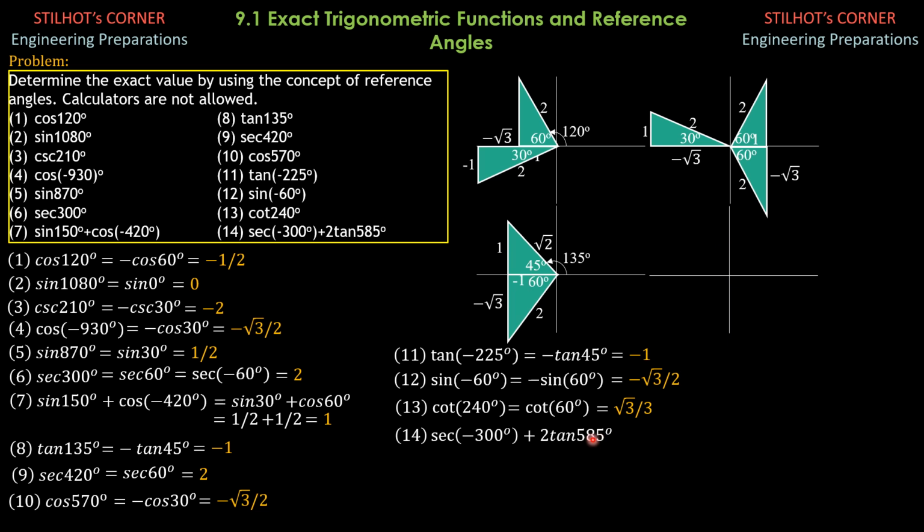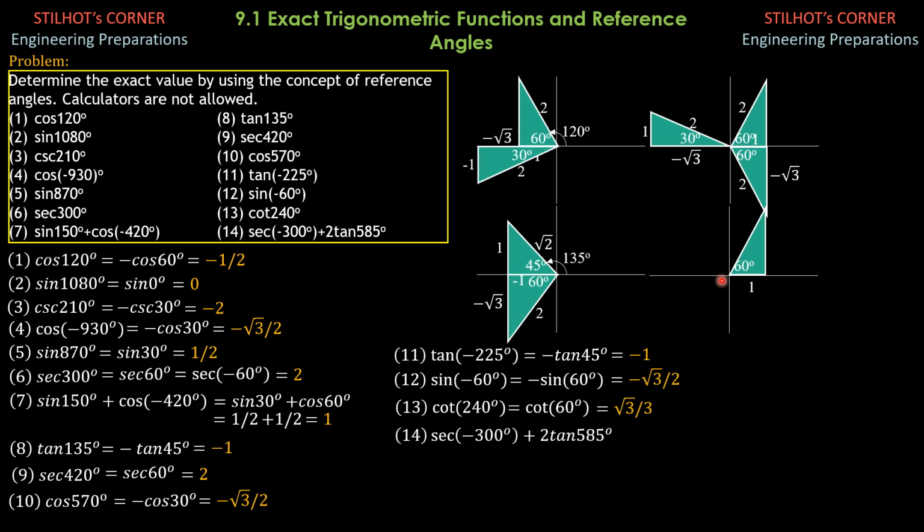Then for 585 degrees, this is 360, 450 plus 90, 540, then another 45 degrees. So we have a triangle here with reference angle 45 degrees in the third quadrant. Parts of the 45 degree right triangle would be opposite 1, adjacent 1.